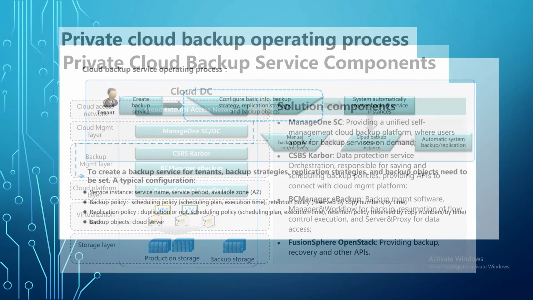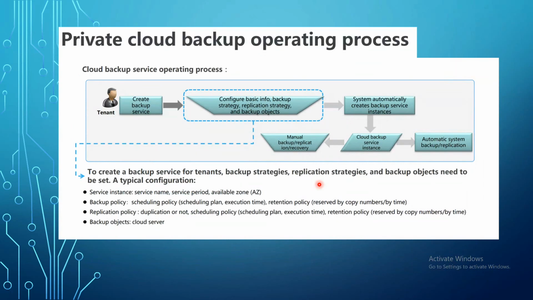Very simple. You just create a backup service, configure basic information, and add the replication strategy or the backup strategy, and the system will automatically create a backup server instance, and then automatically do the backup or replication, depending on your configuration. You can also configure manual backups, replication and recovery.